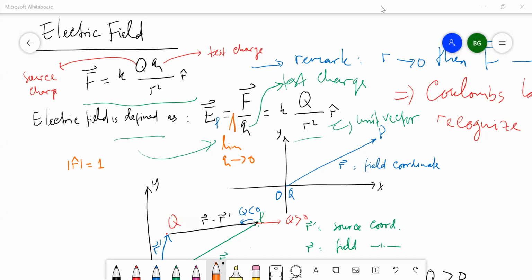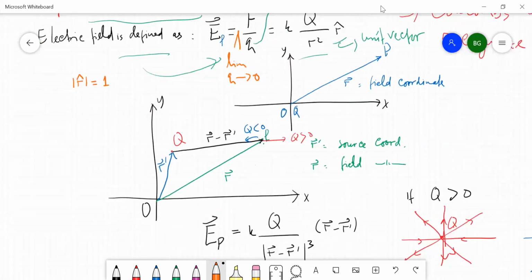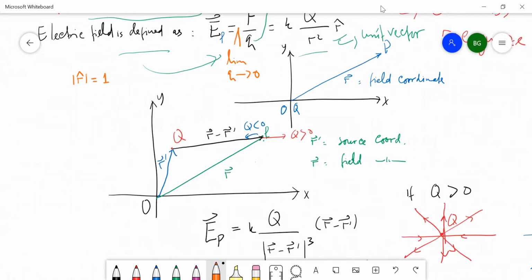So this is the formulation. If we take this capital Q, which is the source charge, outside the origin or beside the origin, for example, the position vector of the source charge is R prime. Okay, this is the blue one.